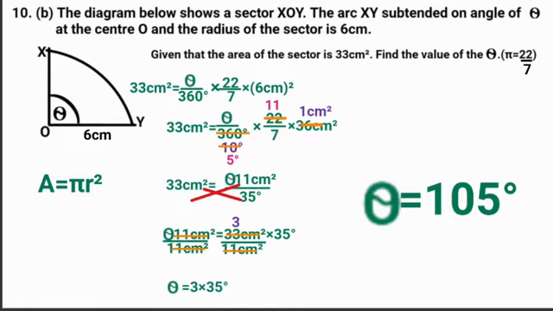This is the value of theta, so we are saying theta is equal to 105 degrees. Basically, this is the answer we're supposed to write on the answer space. Now let's go to the next question.